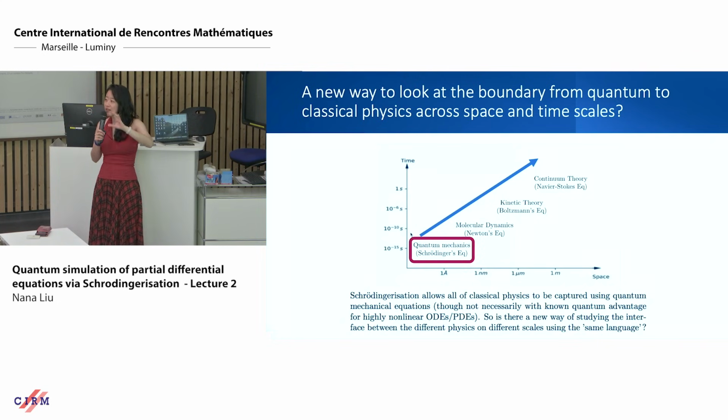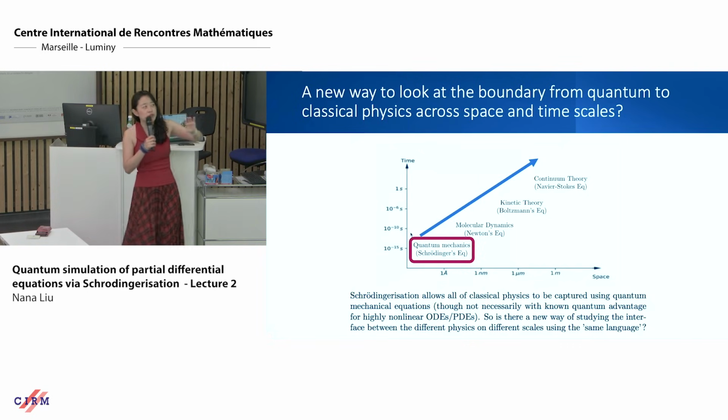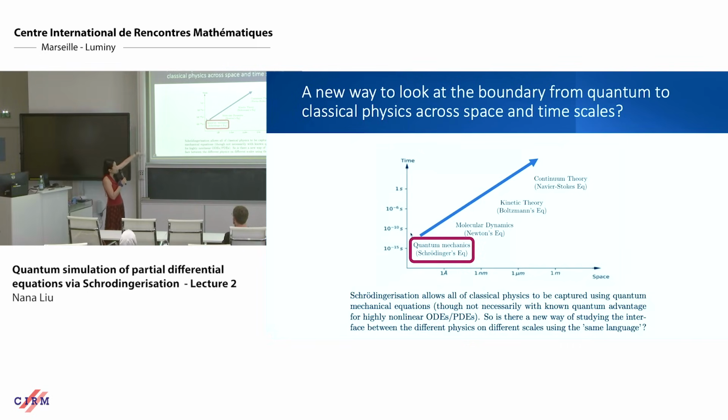But somehow, with Schrödingerization, it's like taking a shortcut. It's saying that all the information contained in the higher levels, molecular dynamics, kinetic theory, continuum theory, and so on, if we look at linear cases, can be captured not in a super high dimensional quantum mechanical equation, which is the true quantum mechanical equation underlying all that physics, but we only need to increase it by a couple more dimensions, just one for homogeneous linear systems.